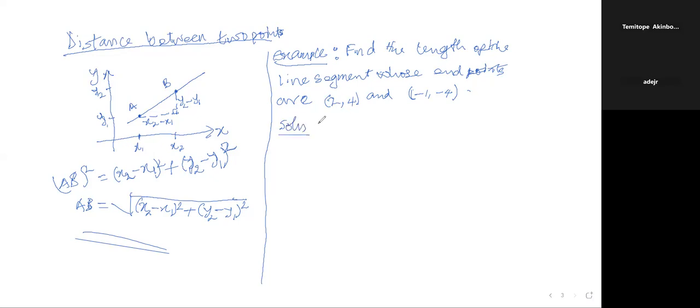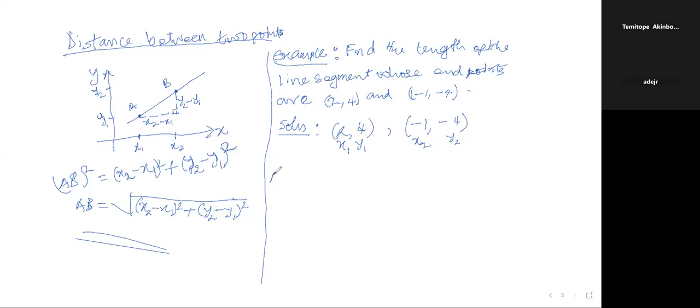So from the points given, 2, 4 will give us x1, y1, while -1, -4 will give us x2, y2.